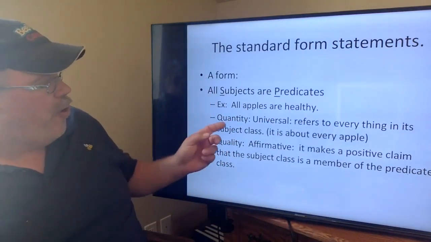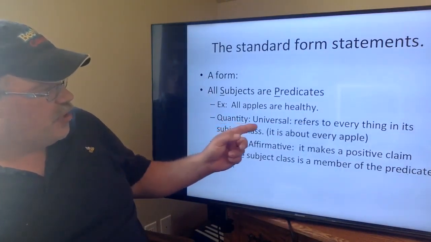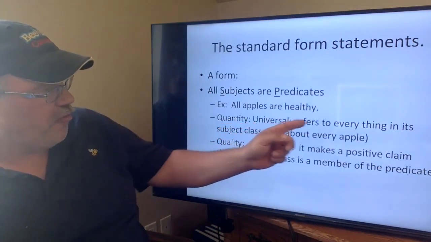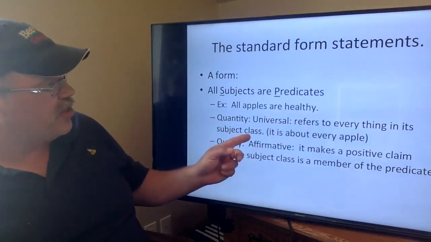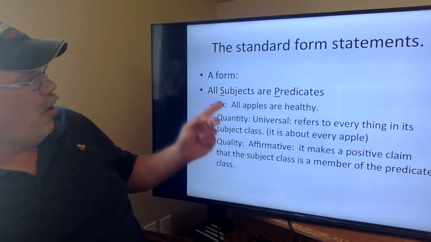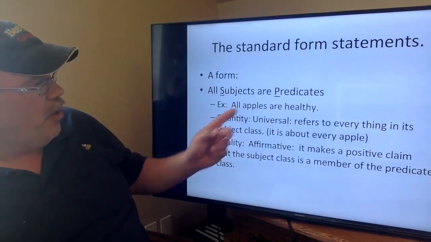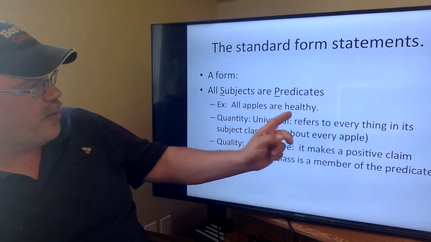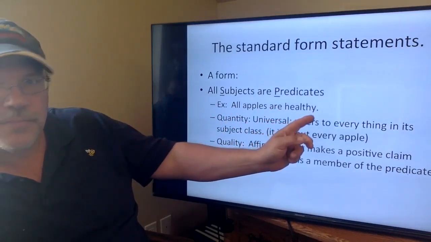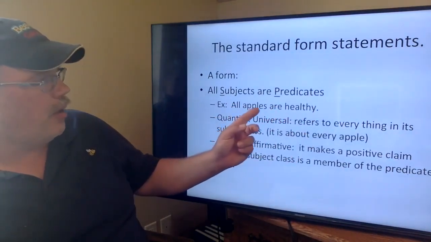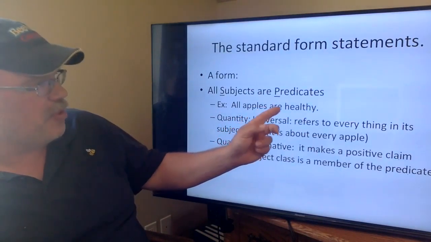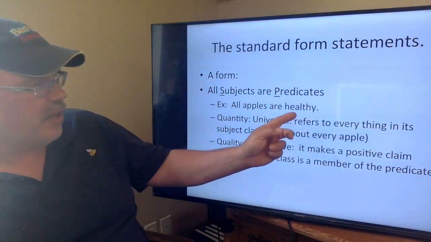In the A form, the quantity is what we call universal. It refers to everything in the subject. So when we say all apples, we're talking about every apple. Notice we're not talking about all healthy things. We're talking about all apples being members of the set of things that are healthy.